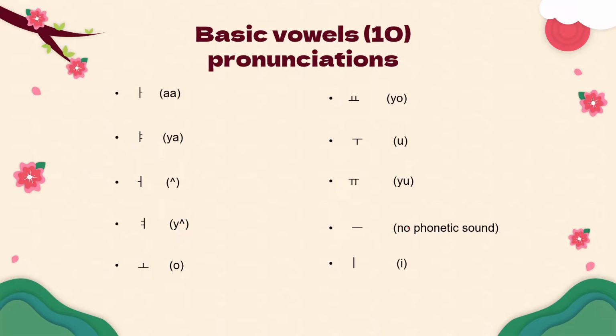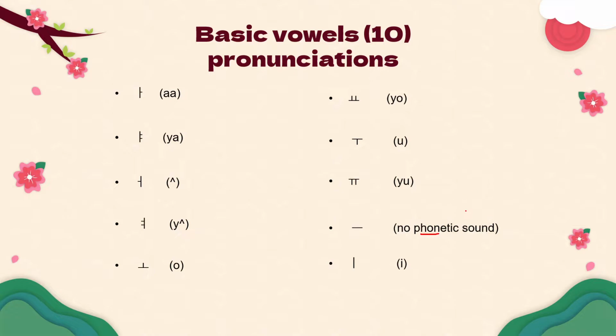And why have I written that it does not have a phonetic value? Because it is used with the consonants, and when it is used with the consonants, there's not much change in the sound. If we have a consonant G and we put this vowel with the consonant, it will still be G. So there's no change, it's almost the same.